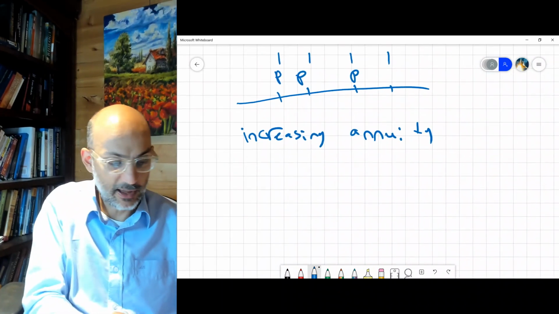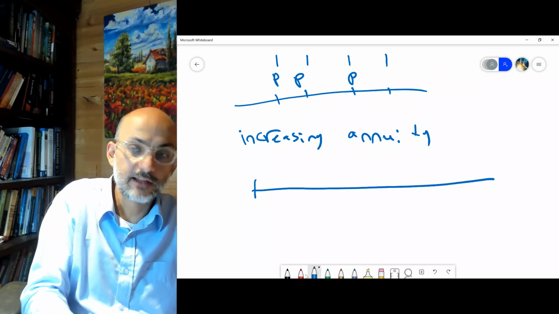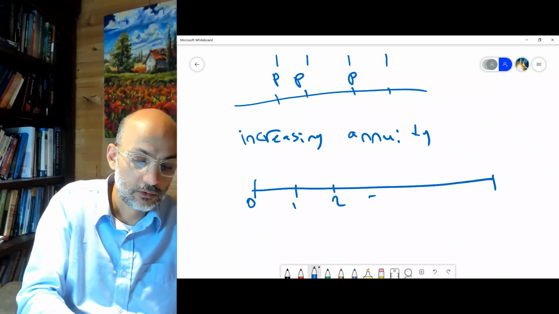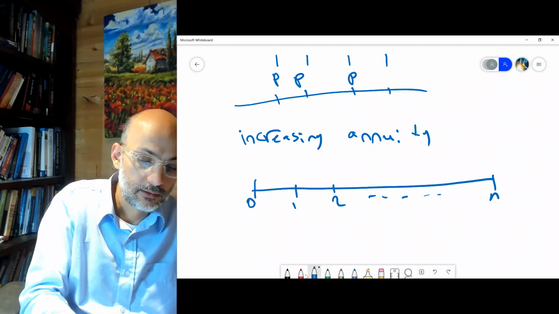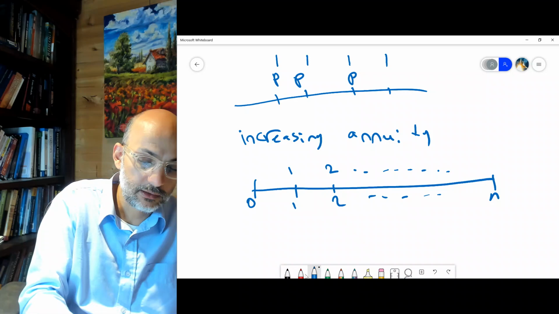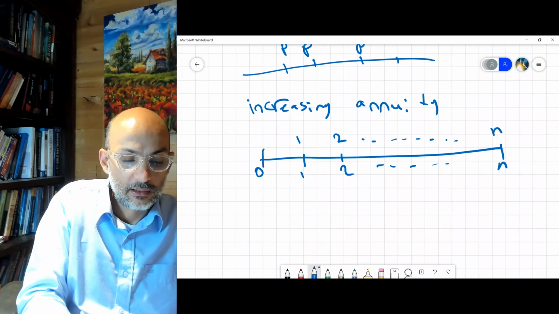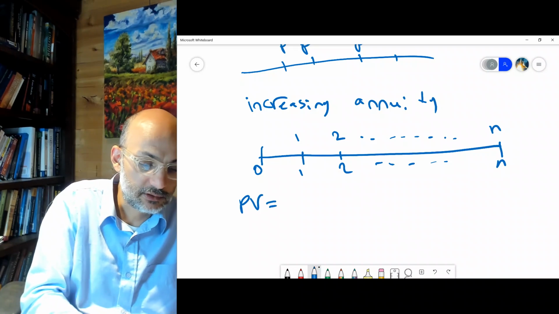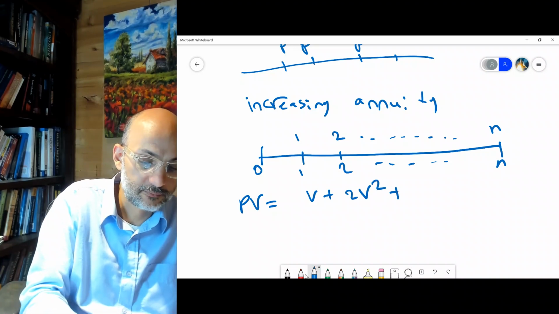Let's imagine that you have your line 1, 2, all the way to n, and this pays 1, 2, all the way to n. The present value of this annuity will be v plus 2v^2 plus up to nv^n.